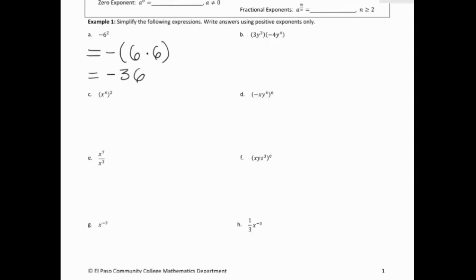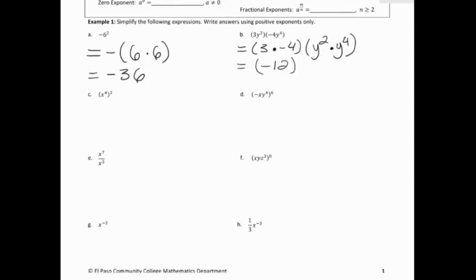Okay, now for example B, we have 3y squared times negative 4y to the 4th. We are going to multiply like terms. That means we're going to multiply 3 times negative 4 times y to the second power times y to the 4th power. All right, 3 times negative 4 is negative 12.